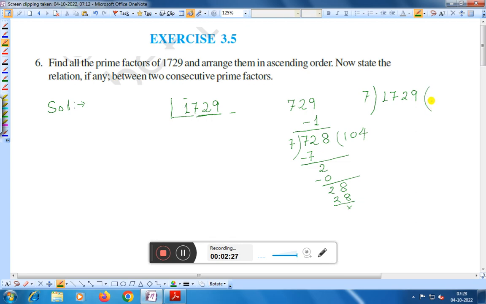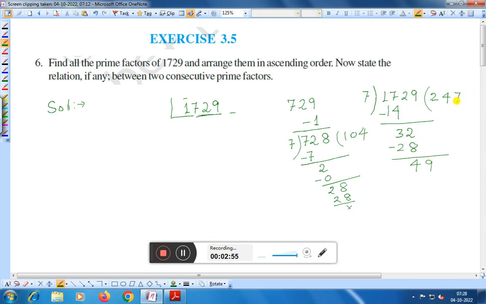7 times 2 is 14. We subtract it: 17 minus 14 is 3. Now bring down 2, making 32. 7 times 4 is 28, and 32 minus 28 is 4. Bring down 9, making 49.